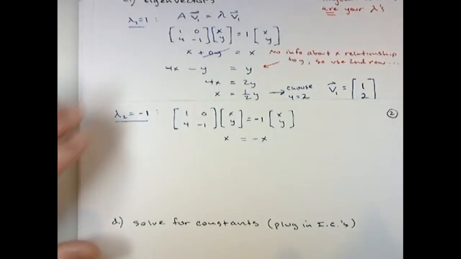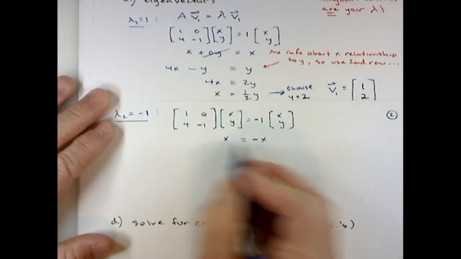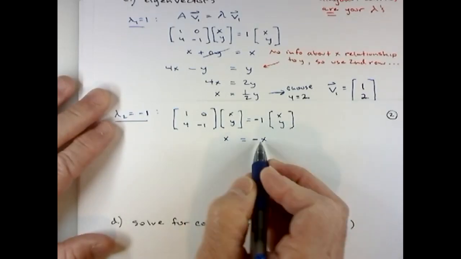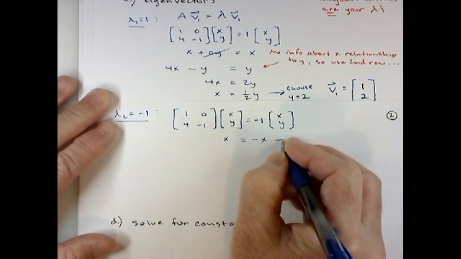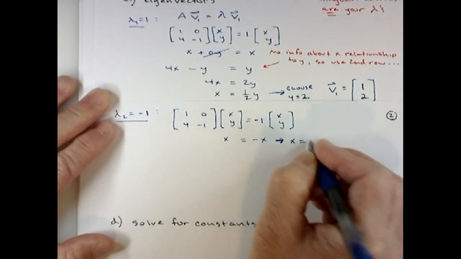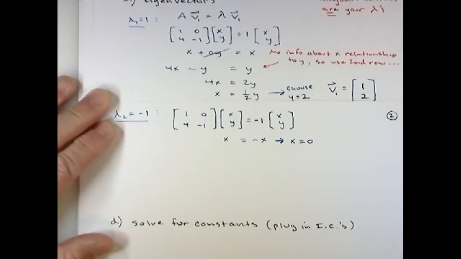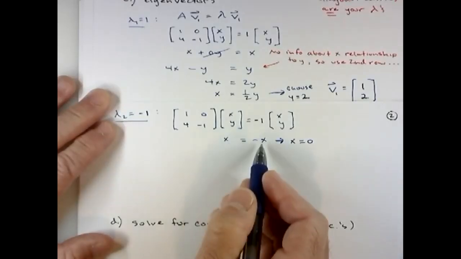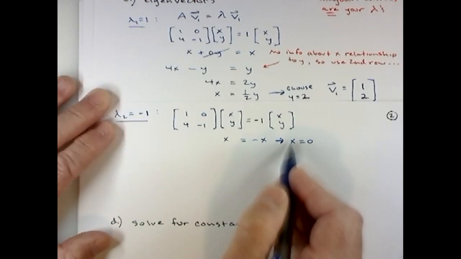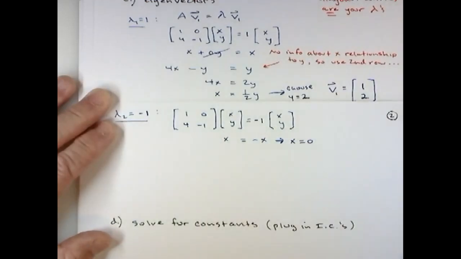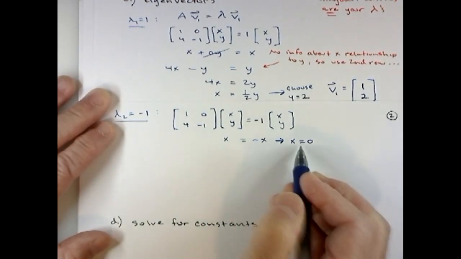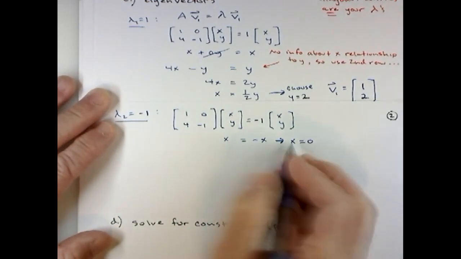Now that actually does tell me something. What's the only number that could go in for x where x has to be the same as -x? The only number that's going to work is 0, right? The only number equal to its negative is 0. So this does tell me something about x, but it doesn't tell me about the relationship between x and y. And that's going to come up too, so I want to show you how you interpret that.